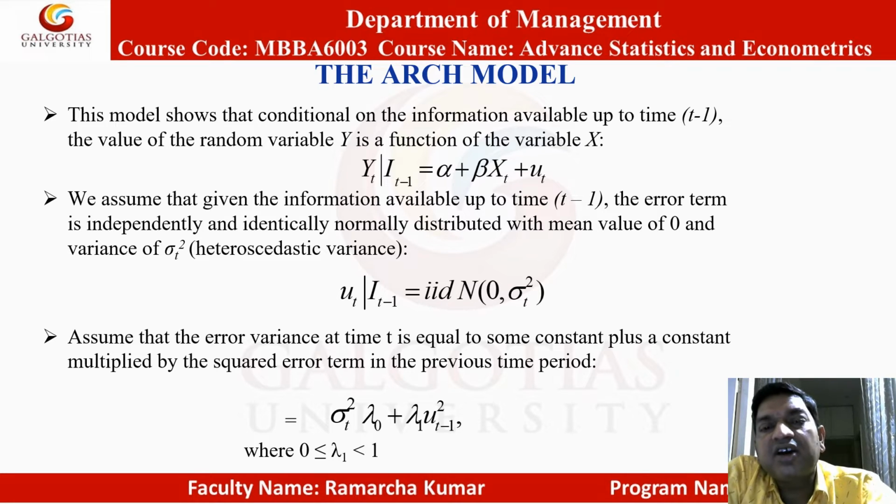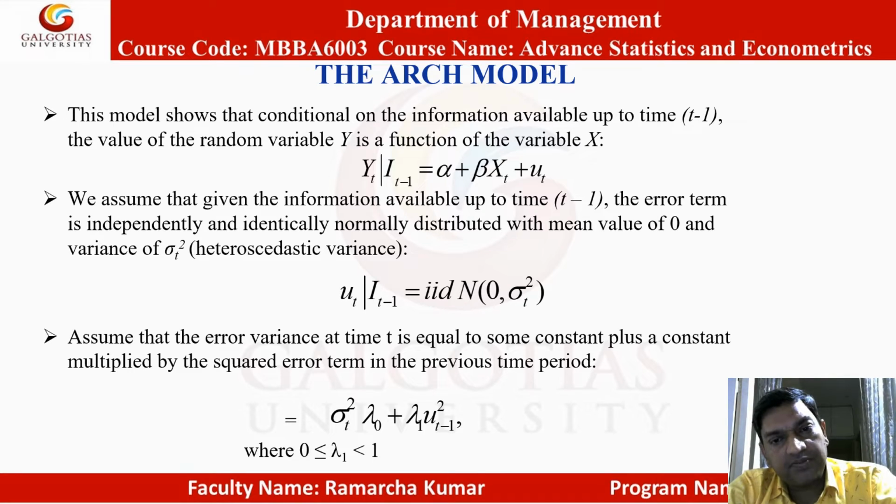Assume that the error variance at time t is equal to some constant plus a constant multiplied by the squared error in the previous time period. So sigma squared t is equal to lambda naught plus lambda 1 times u squared t minus 1, where lambda 1 is between 0 and 1.